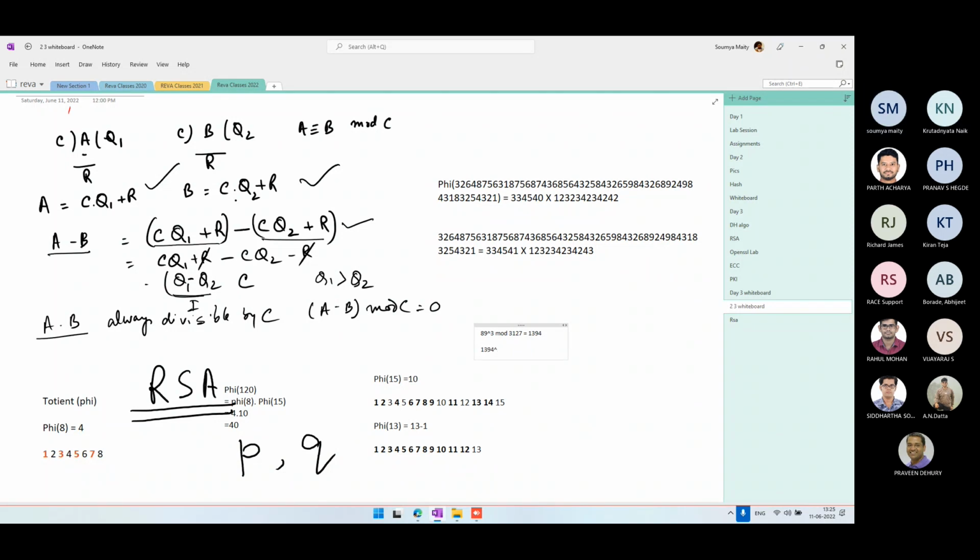1394 power 2011 mod 3127. Okay, I think it is not able to find it. It is a very big number.